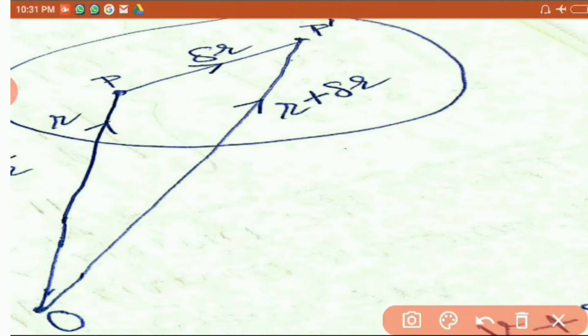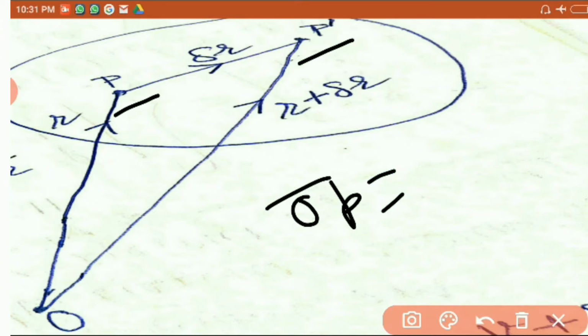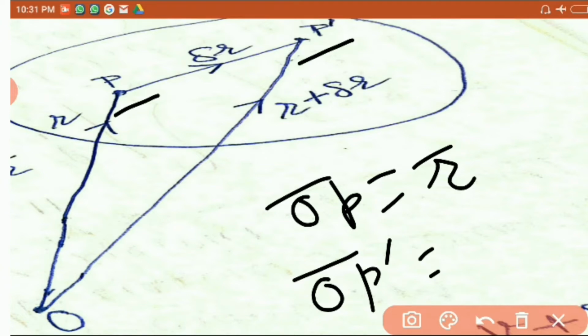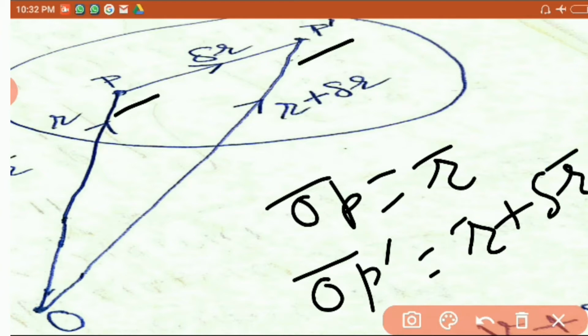Let P and P dash be two neighboring points in the fluid, particles moving along with the fluid, so that at any time t, OP bar is equal to R bar and OP dash bar is equal to R bar plus delta R bar, and P and P dash have the coordinates x, y, z.